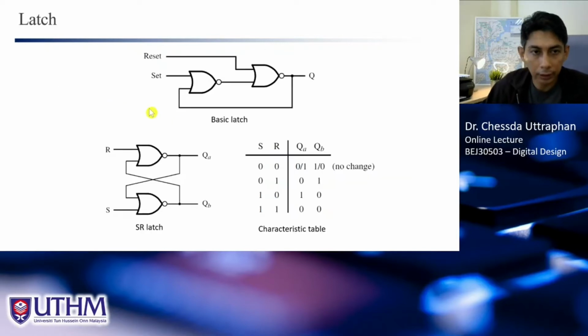So the first sequential circuit that we want to look at is what we call the latch. So this is the basic or fundamental of the sequential circuit actually. When we look at the latch, this is the basic latch circuit, where we can see that the input to this gate is actually the feedback from the output of the circuit.